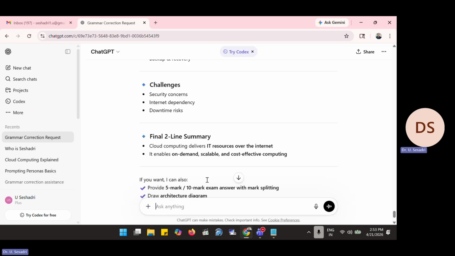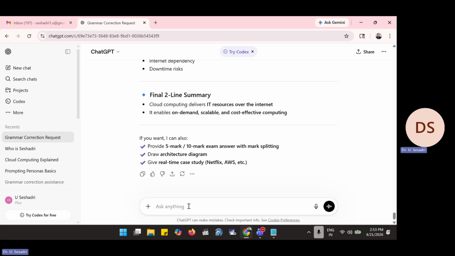Whereas if we give a persona, we tell the AI to act as a specific person, a specific role, or an expert. Suppose we give the input like this: act as a professor and explain cloud computing with a real-time example.